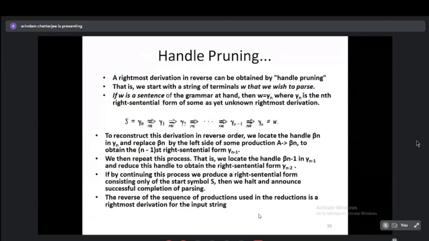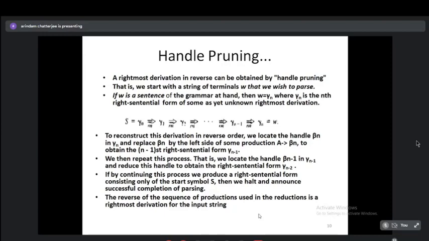Gamma n is W, that is the final string consisting entirely of terminals, and gamma 0 is nothing but the starting non-terminal symbol. So if you keep on deriving gamma 0 through gamma n using right sentential forms, your task with a bottom-up parser should be to start with gamma n and trace backward the intermediate steps gamma n minus 1, gamma n minus 2, ... gamma 2, then gamma 1, then gamma 0, that is S.